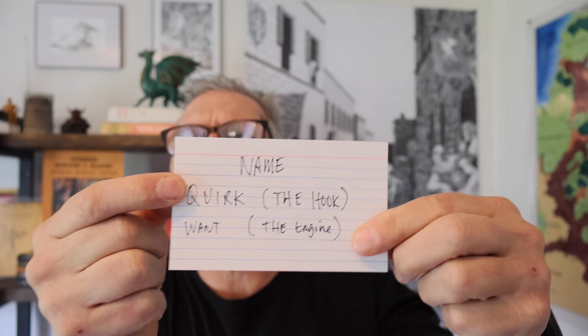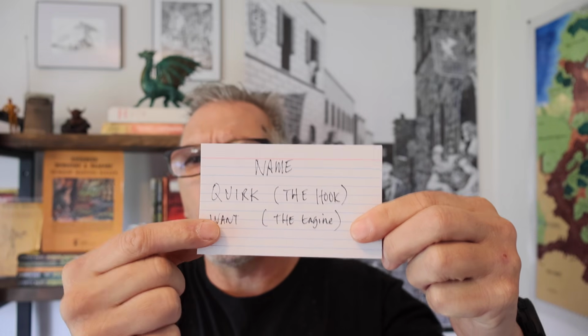So when you do an NPC, my recommendation is to start with the name, a quirk, and a want, and that's it. Just like the home base, 5 buildings, boom.